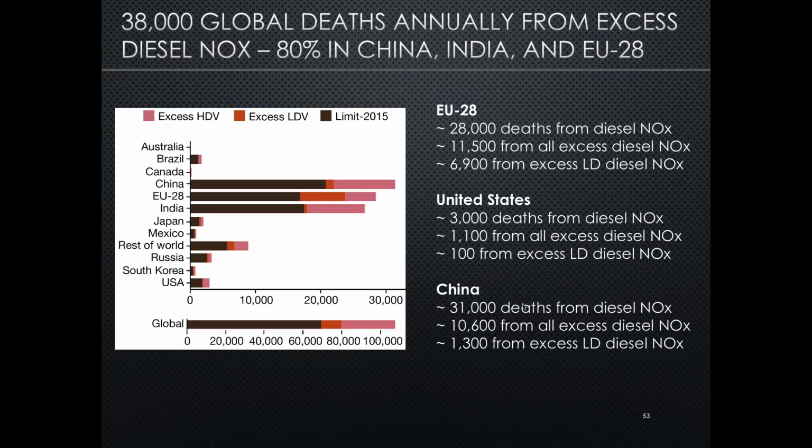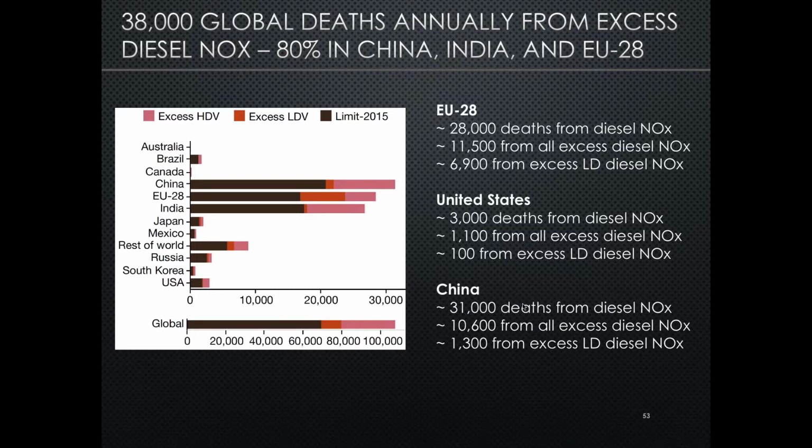There have been a couple of studies estimating the impacts of the Volkswagen scandal in the United States, and our results for the impacts of excess NOx from light-duty vehicles are relatively similar to those previous estimates. But the impacts of excess NOx from heavy-duty vehicles are about 10 times as large. And so heavy-duty vehicles really need to be a consideration for reducing the public health consequences of excess diesel NOx emissions.